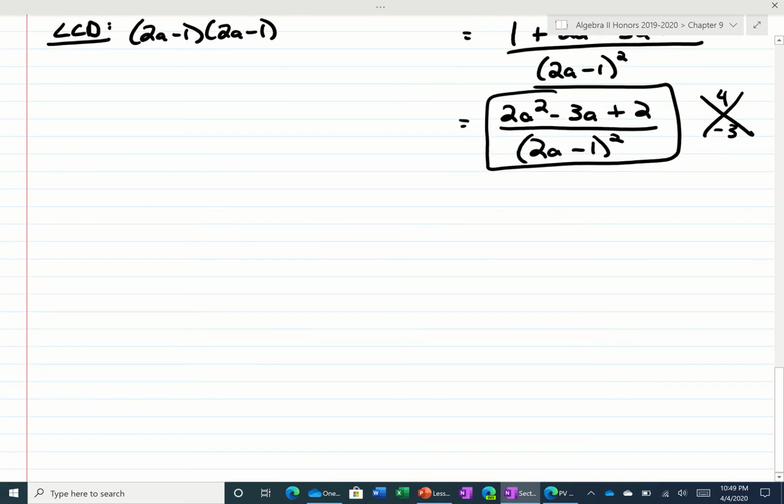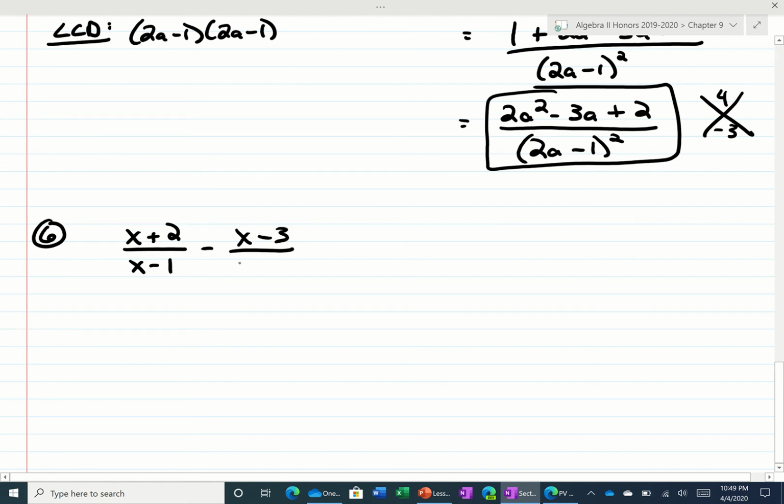All right, and the last problem, let's take a look at number 6. It says x plus 2 over x minus 1 minus x minus 3 over x plus 1. Okay, everything's already factored for us. You're welcome. I can hear you guys saying thank you through the computer here. So now the LCD, we definitely need a factor of x minus 1.